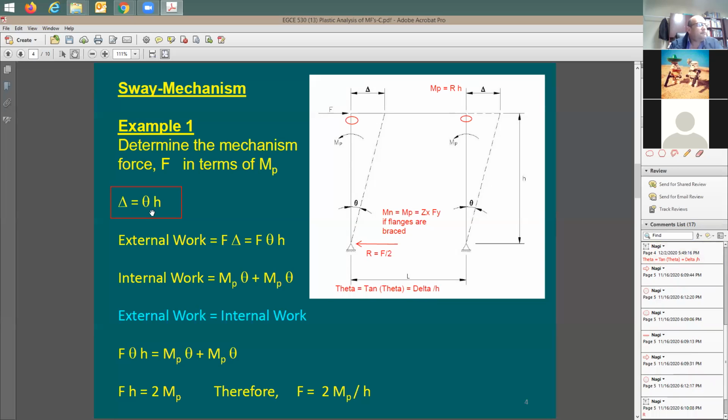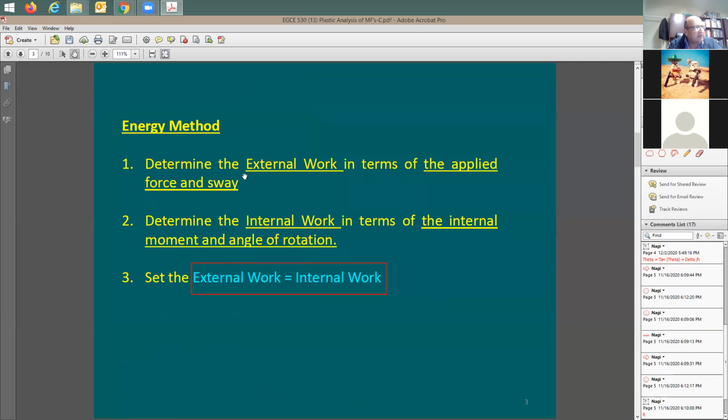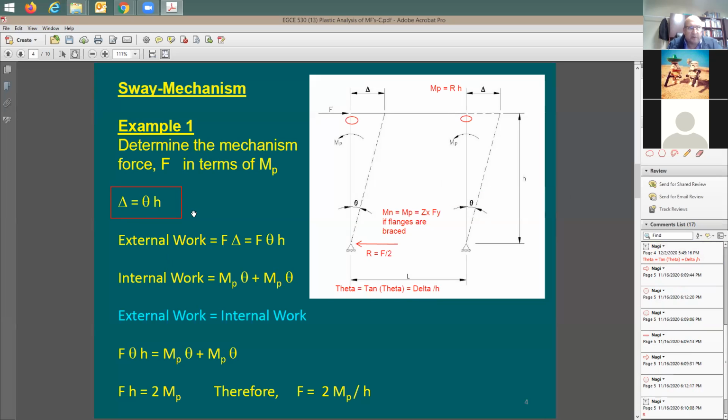So good. Now, how much is the external work? As I said in the previous slide, I'm going to have two amounts of work, external and internal. Let's look here at the external forces. I have one external force, and I have a shift of delta, just one delta, because this is going to be the same as this.